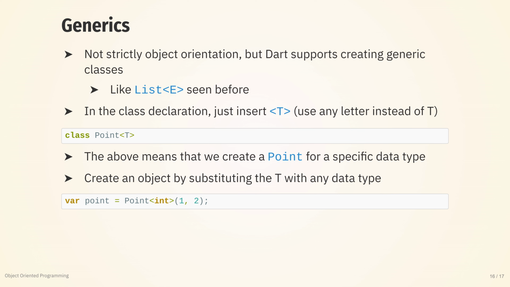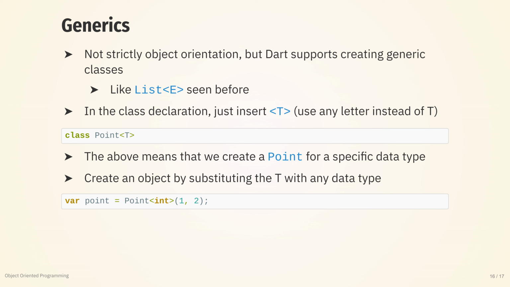So if we instantiate this as Point<int>, like we do in the example at the end, this means that we will create a point which will only be using ints, and that means better type safety, and that's the main reason for why we should be using generics.